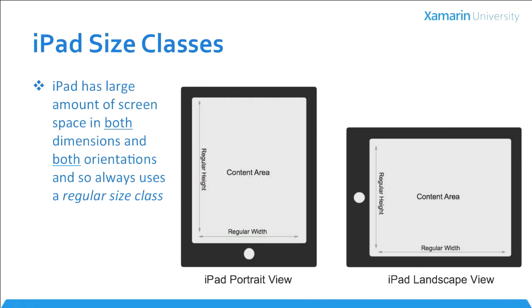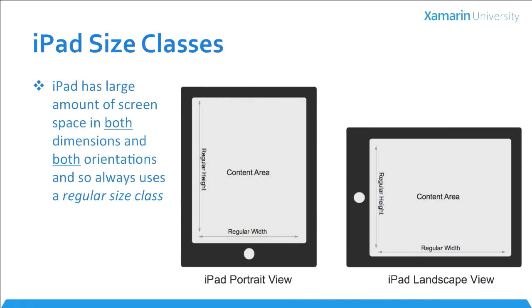Now, because of the larger screen space, the iPad uses the regular size class in both the vertical and horizontal dimensions. An example I like to use for size classes is consuming web content, looking at a web page. I think about an iPad and I hold it in portrait orientation. It's got a nice physically large screen, and it's very comfortable to view web pages.